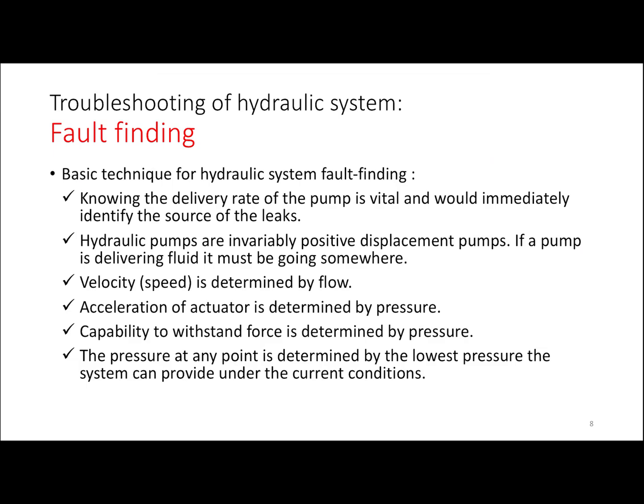Usually hydraulic pumps are positive displacement pumps. If a pump is delivering fluid, it must be going somewhere. So you can trace the pipeline, hose line, or tubing line from the hydraulic system.